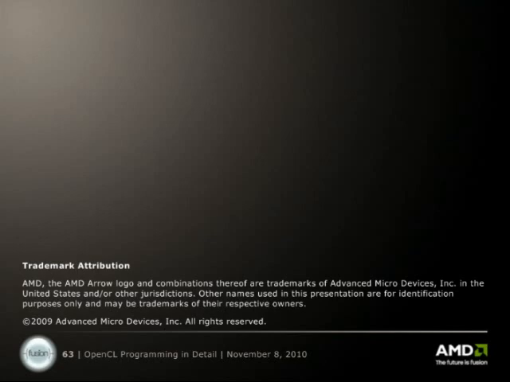Okay, this is a good question. Does the data in global memory on the GPU on your graphics card stay the same in between kernel executions on the GPU? In fact, it does stay the same. So you can rely on the fact that your data in global memory on your graphics card will be the same in between kernel executions.